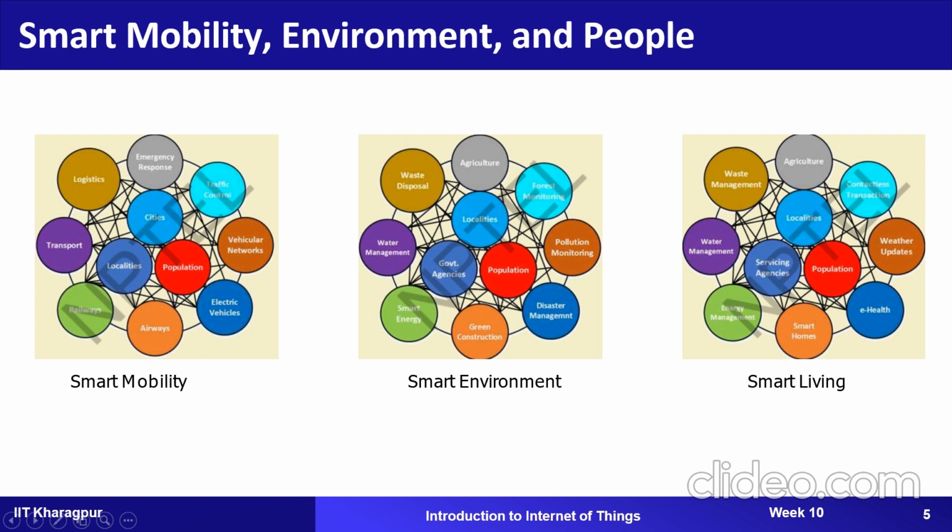Next is your smart environment. The three main components are localities, contingencies and population, and these three are interacting with other components in order to make the environment smarter. This is in order to detect disasters, monitor pollution, monitor the forest, increase agriculture, and manage waste material.